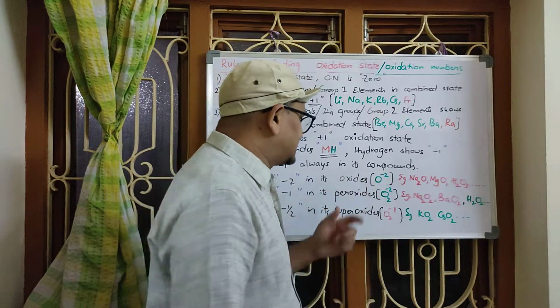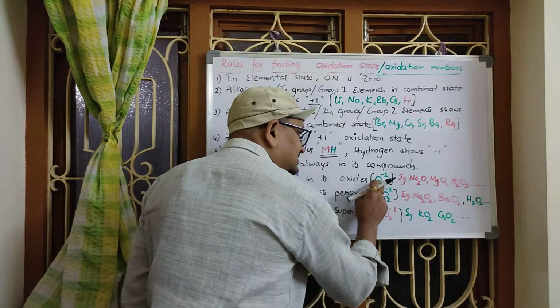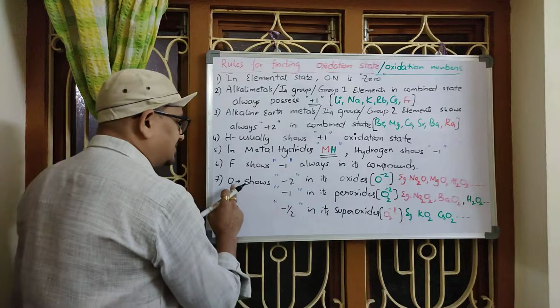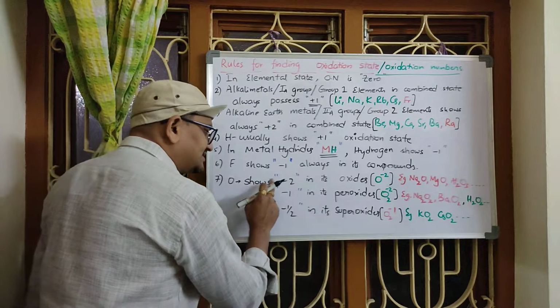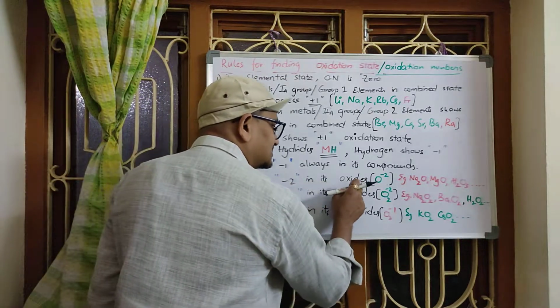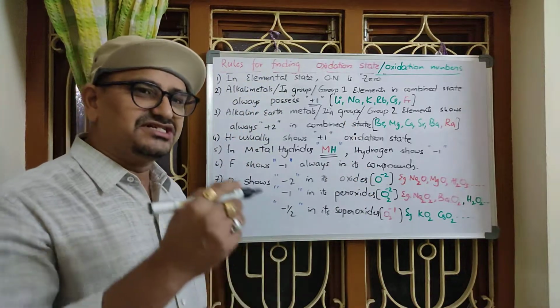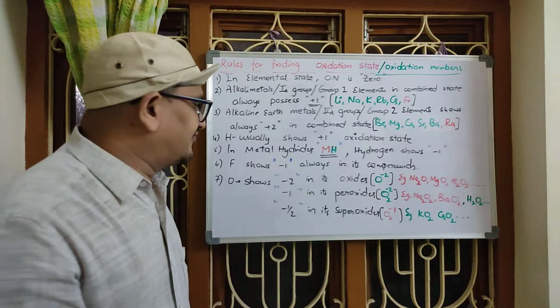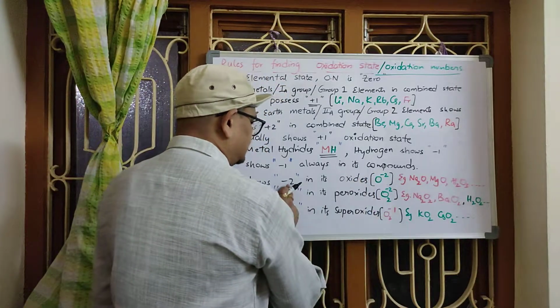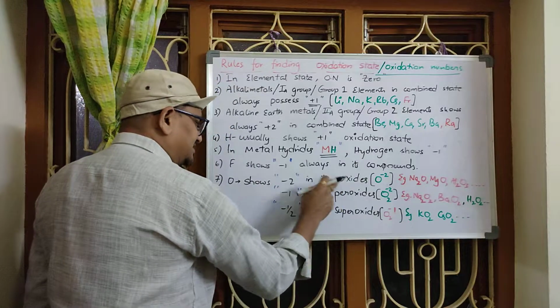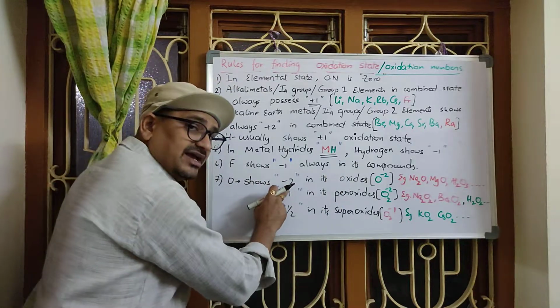In these monoxides, one single oxygen is bearing how many units of negative charge? 2 units. That's why oxygen shows -2 in its oxides or monoxides. Means in monoxides, each oxygen shows -2.